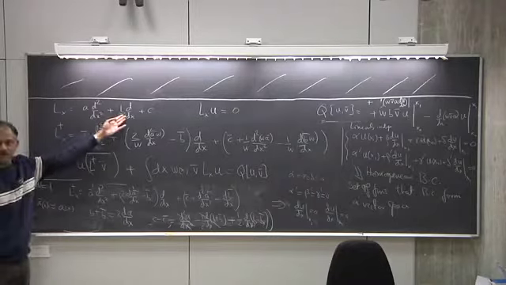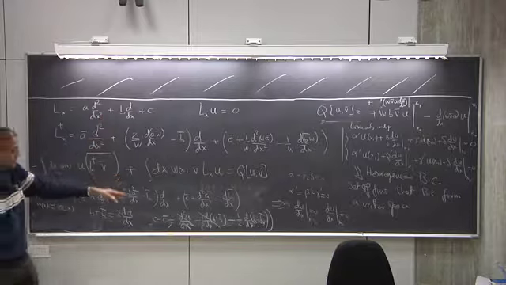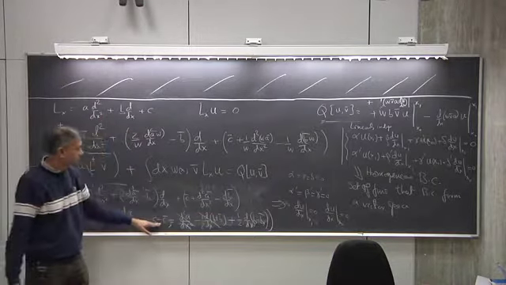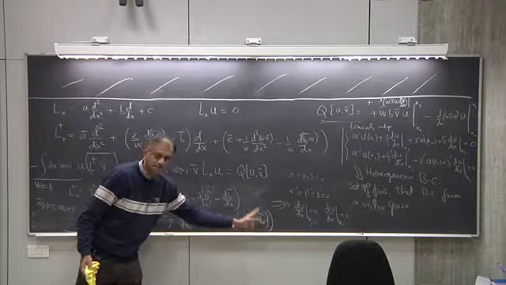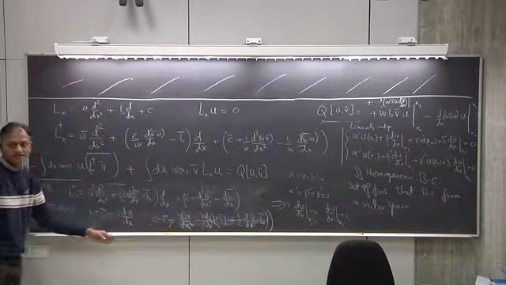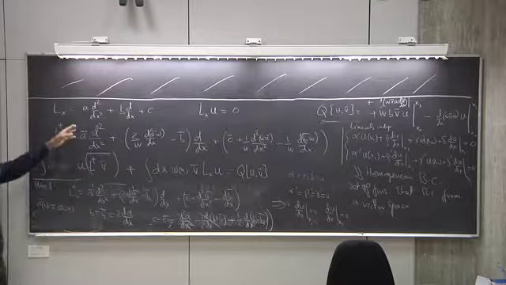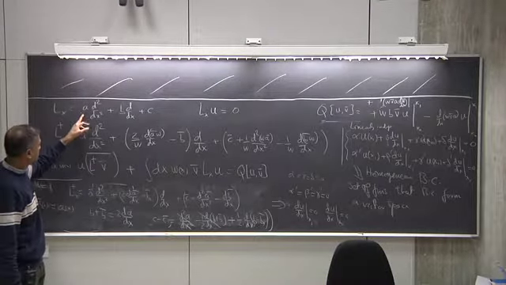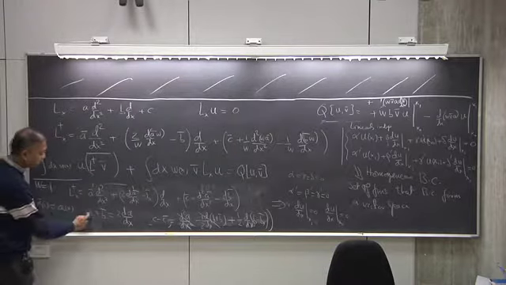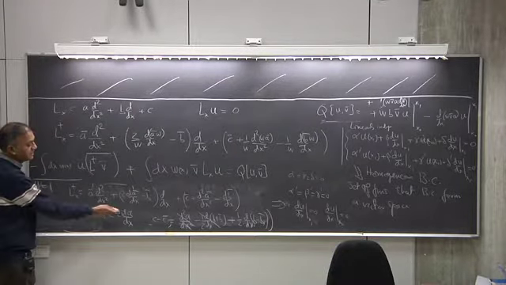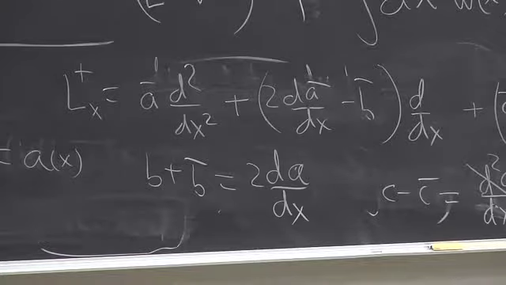Then this vanishes, and this equation basically says C must also be real. So one possible choice is A, B, C real, but in the real case, 2B is equal to 2 dA by dx, so therefore B is equal to dA by dx. So let me consider that case. I don't want to erase this part.